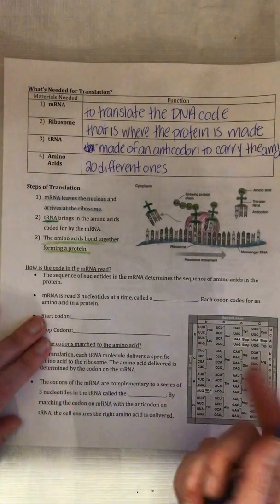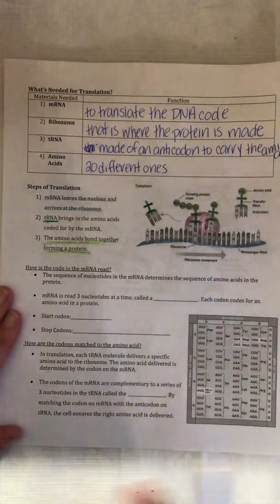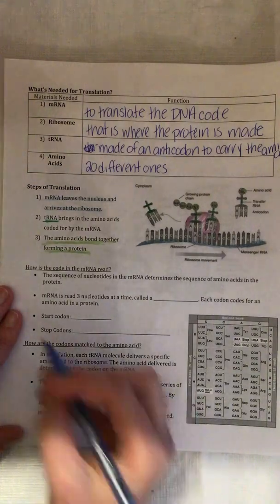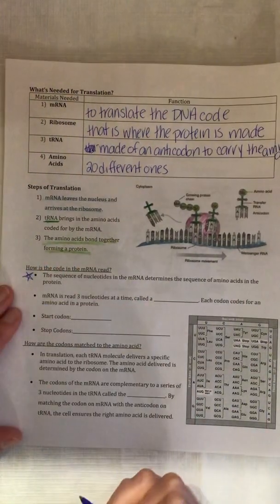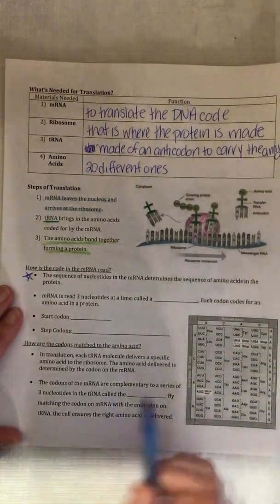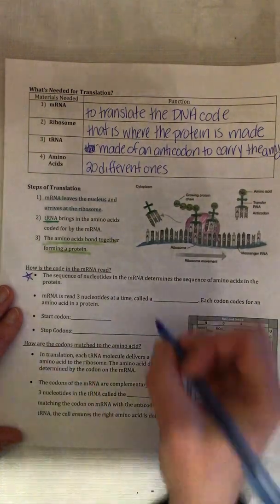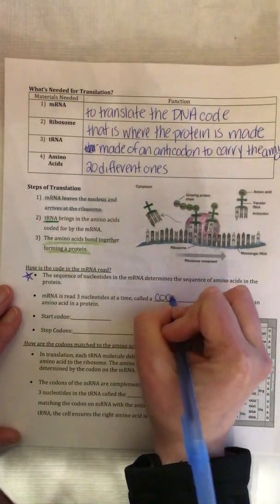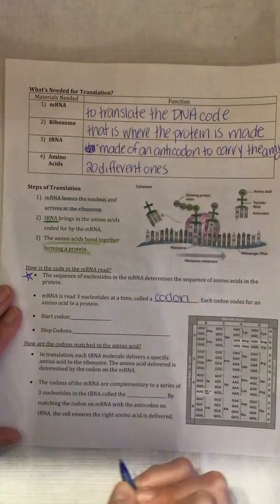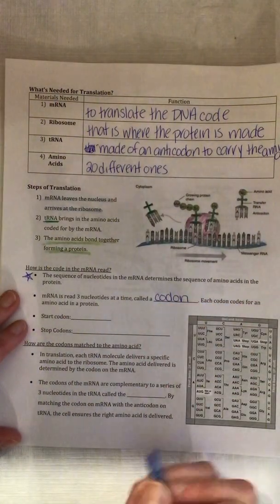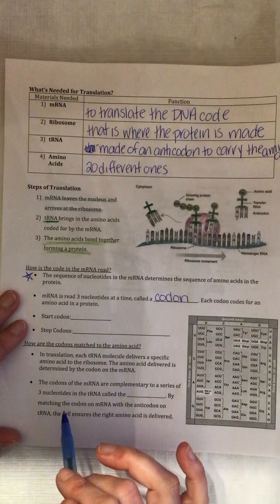So the sequence of nucleotides in the mRNA determines the sequence of amino acids in the protein. That's very important. mRNA is read 3 nucleotides at a time. This is called the codon. And each codon codes for an amino acid in a protein.